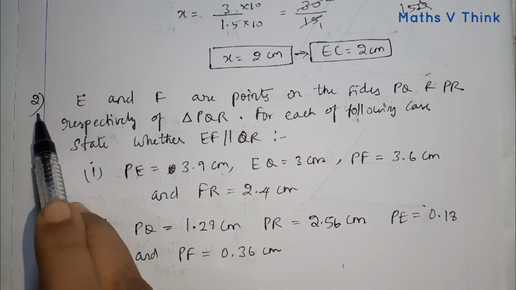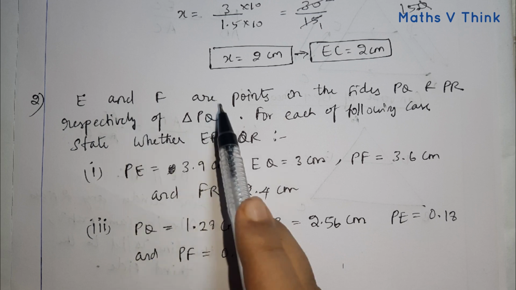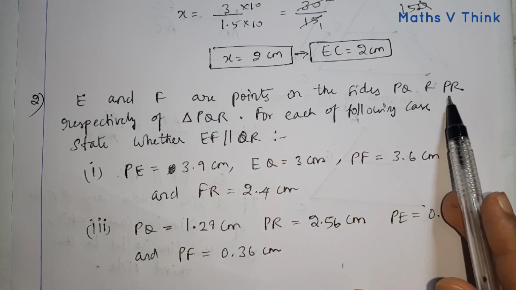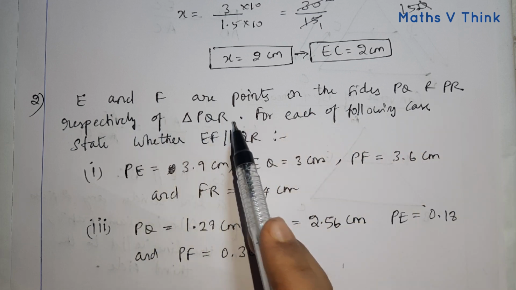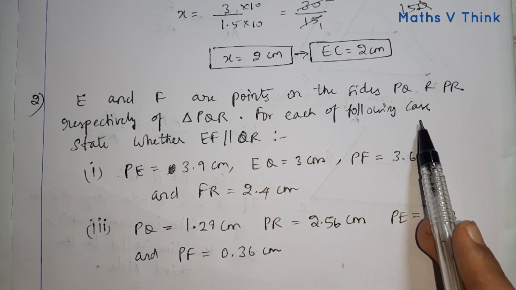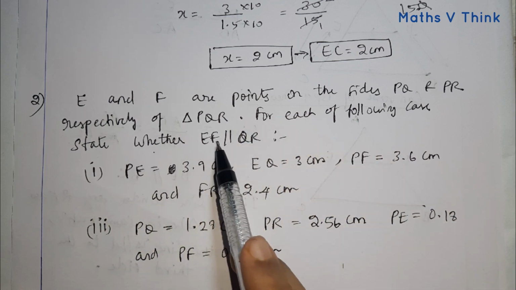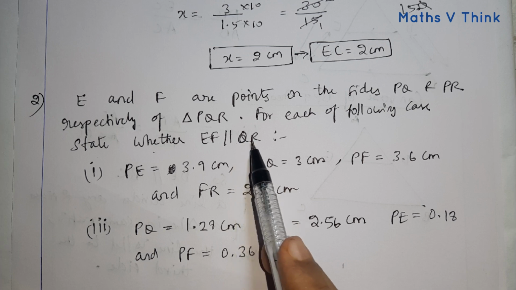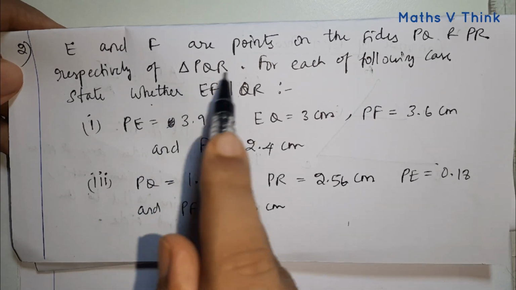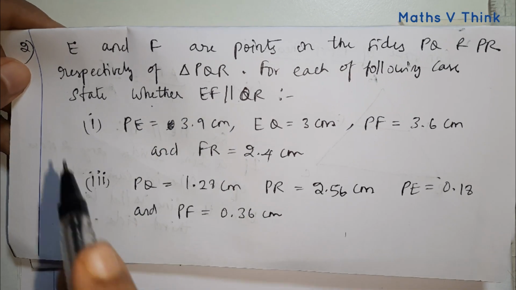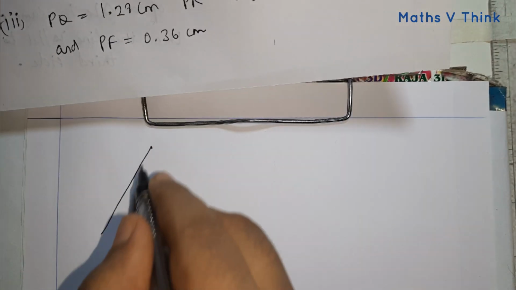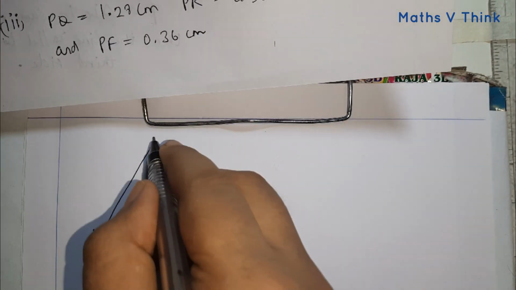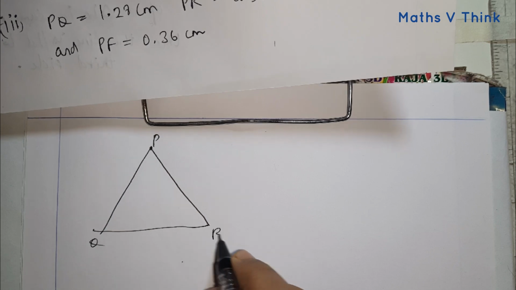Now the second question. It says E and F are points on the sides PQ and PR respectively of a triangle PQR. For each of the following cases, state whether EF is parallel to QR. Now first we need to draw triangle PQR.